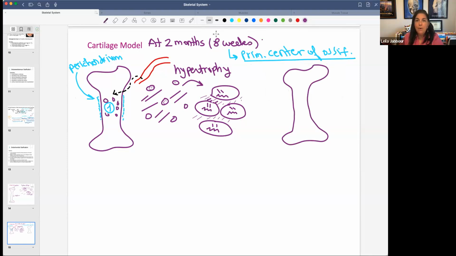So this is the same bone, but now we have a collar that's being built just on the outside to act as a splint. So there's a splint here. And that's the bony collar. Okay.